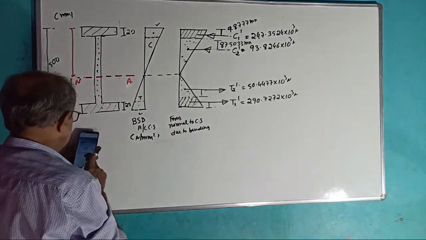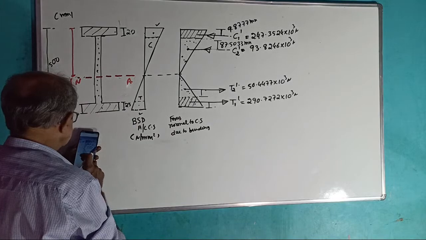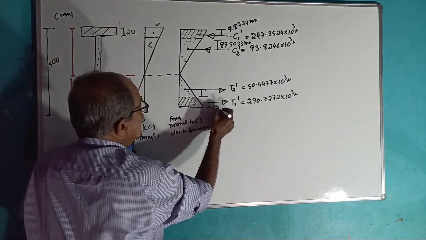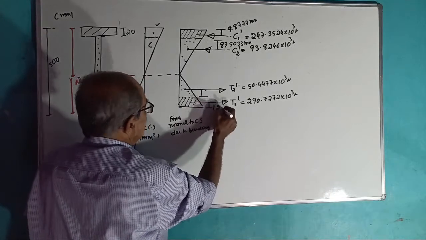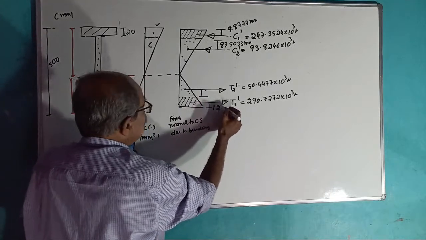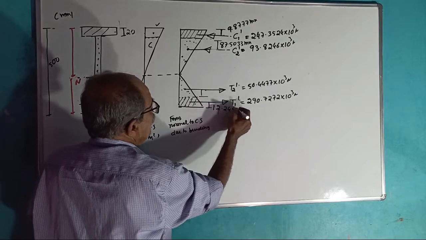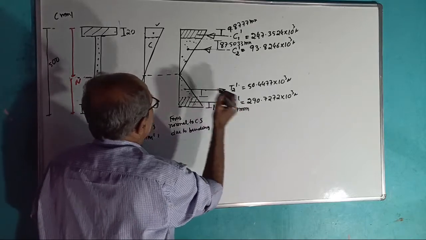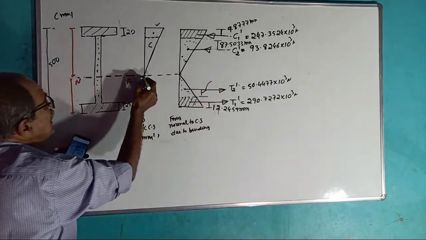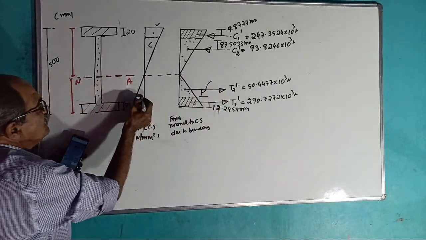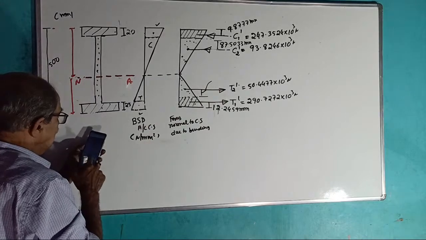It came, where is the answer? Yes, 12 point, not 1 point. Okay, 1 minute. It came 12.2459 millimeter. And this T2 dash distance is through the center of gravity of this triangle, 1/3 from here. That is, where is the answer?